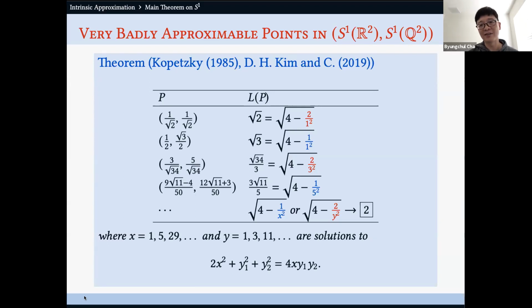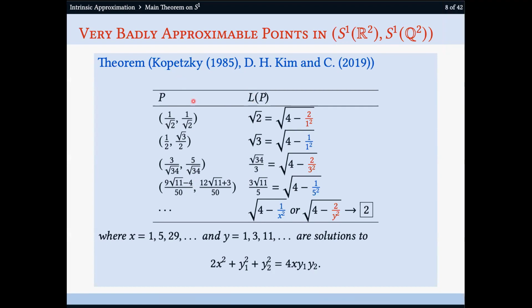No, this is actually right on point. And maybe I should even mention that the exact amount by which the height behaves under the stereographic projection is actually the starting point of Kopetsky's method.